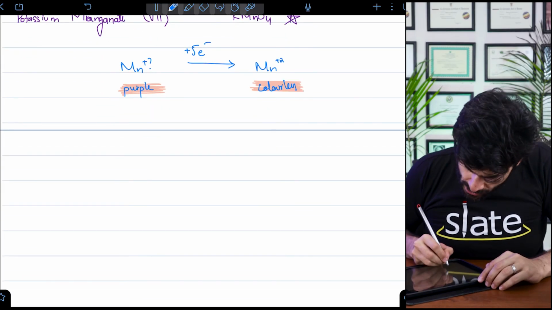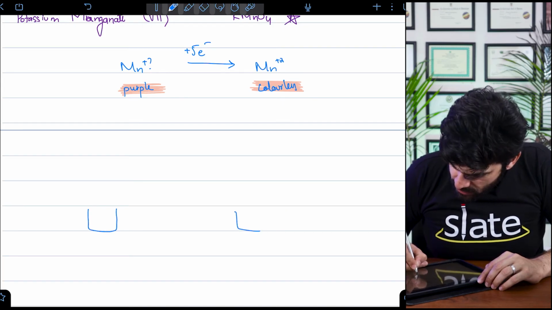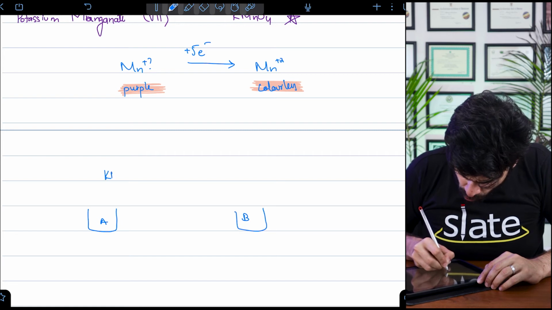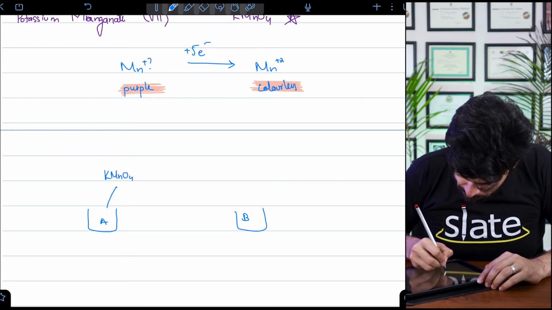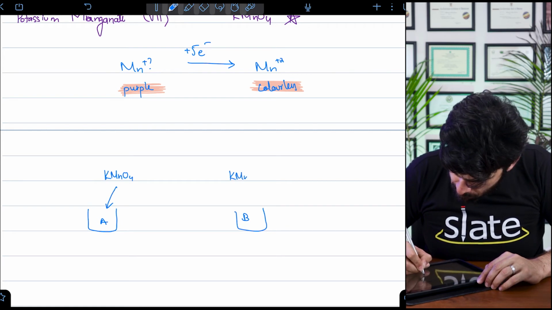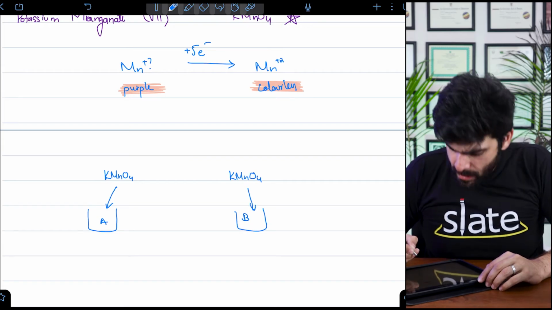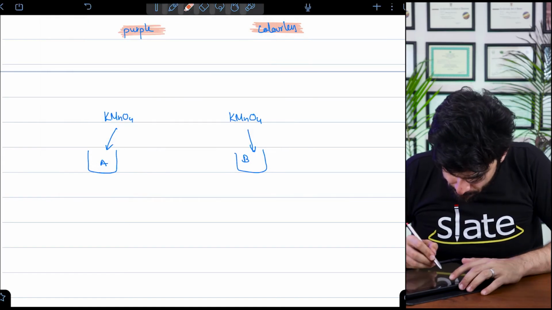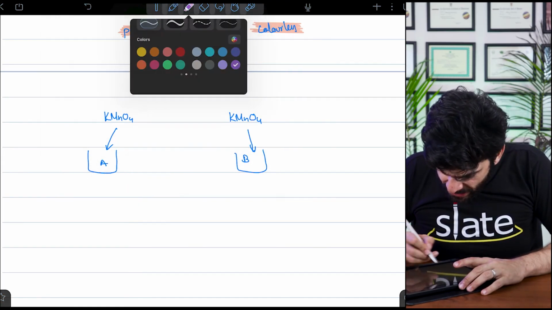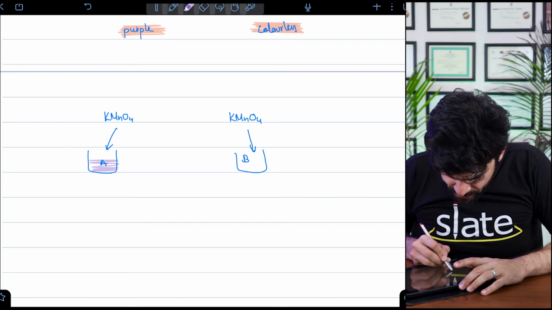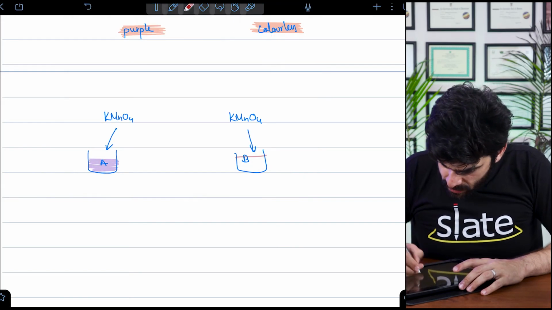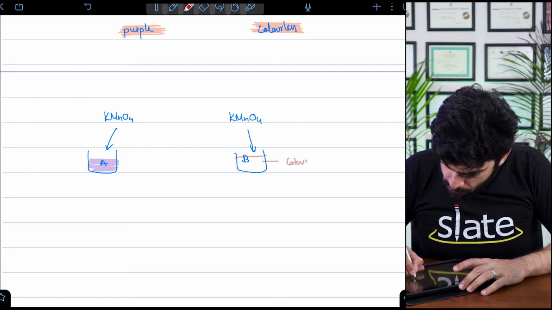So, if I have two different beakers, A and B, and I add KMnO4 in both, note one thing, students. In the case of A, since I've added purple KMnO4, the solution remained purple. And here, colorless.